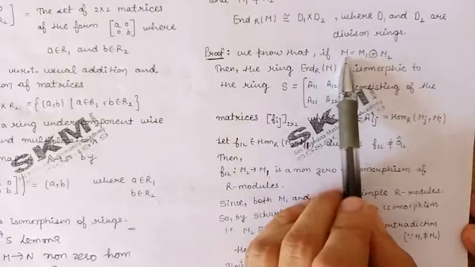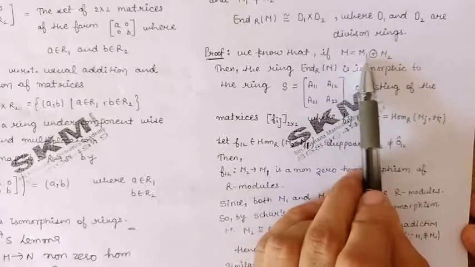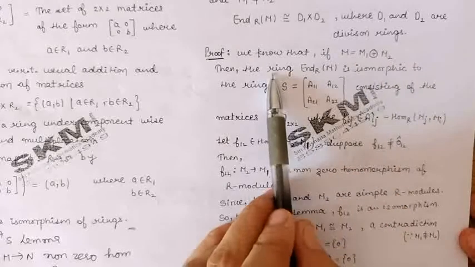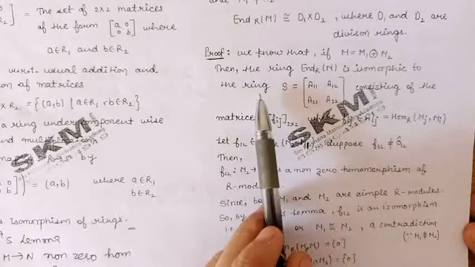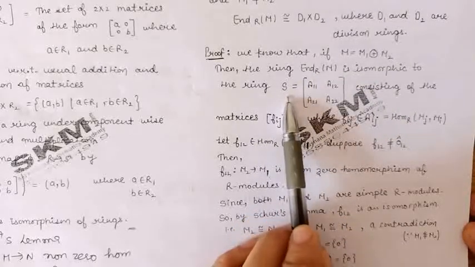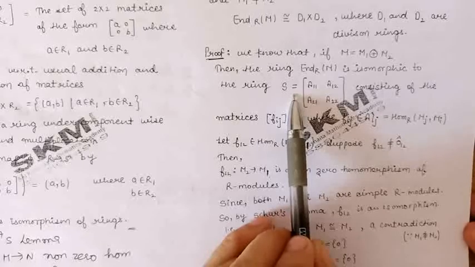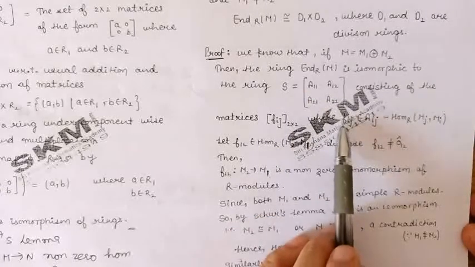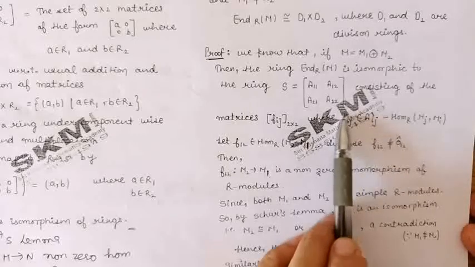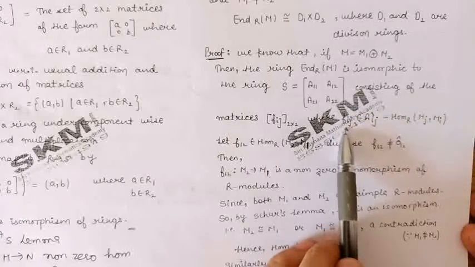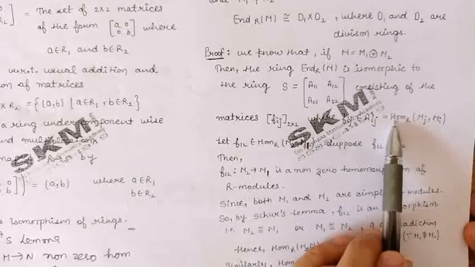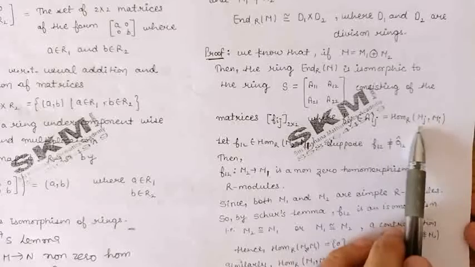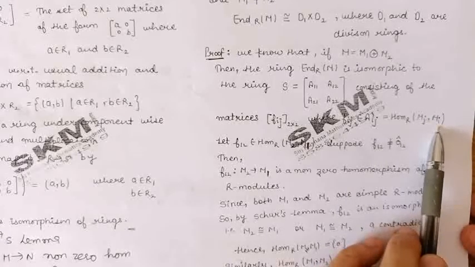If M is the direct sum of modules M1 and M2, then the ring of endomorphisms of M over the ring R is isomorphic to the ring S. Here S is the ring of all 2 cross 2 matrices having entries of the form Fij, where Fij are elements belonging to the set of homomorphisms from the module Mj into the module Mi.